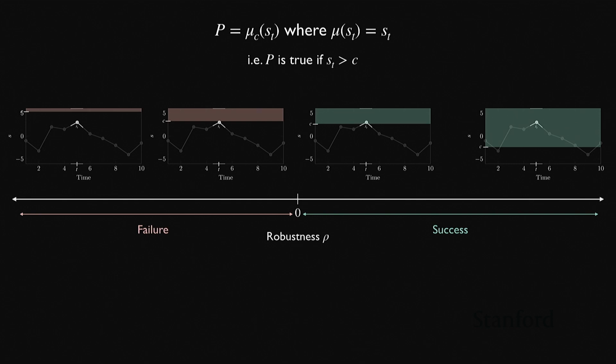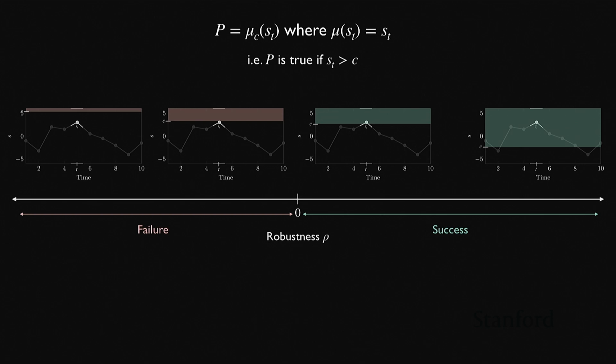Any successful trajectory will map to a robustness value that's greater than 0. And then the ones that feel more successful than the other ones will map to a higher robustness value. So you can think more successful, more robust, more far away from failing. For below 0, any trajectory that maps to a robustness value that is below 0 is a failure trajectory. And the more negative it is, the further it was from being a successful trajectory.